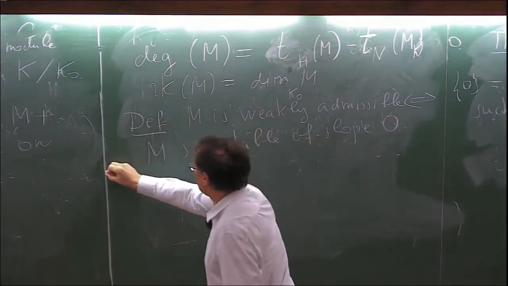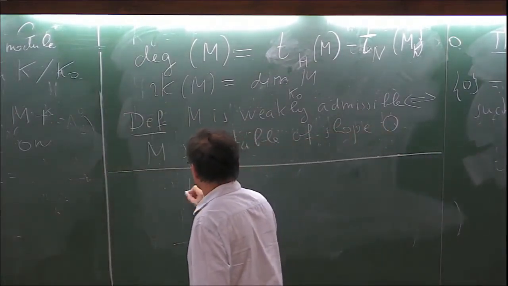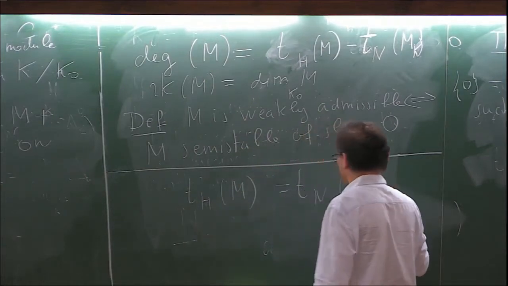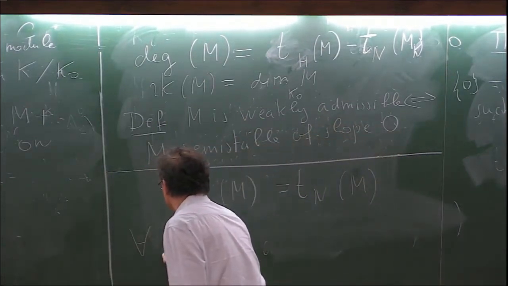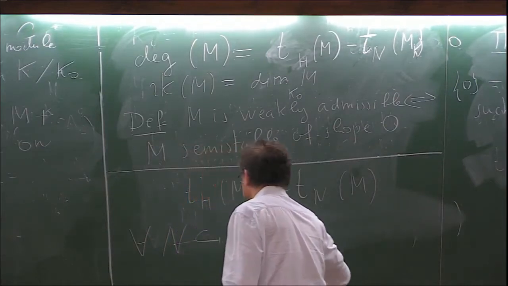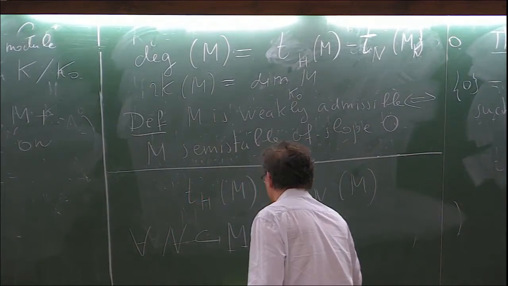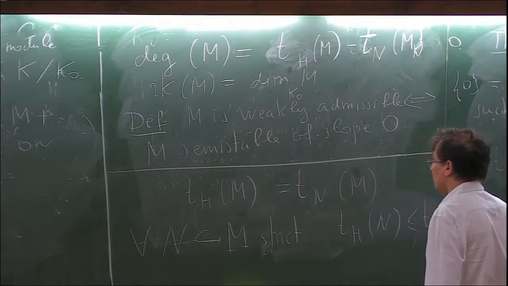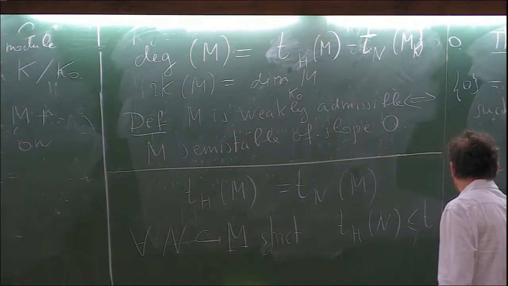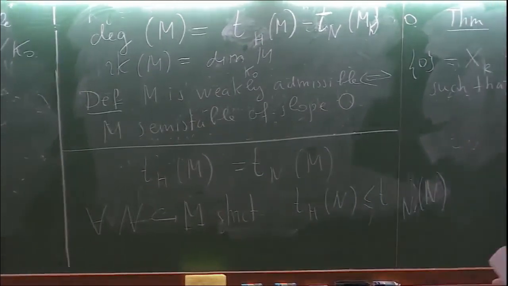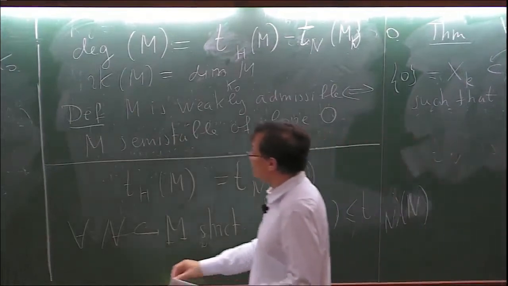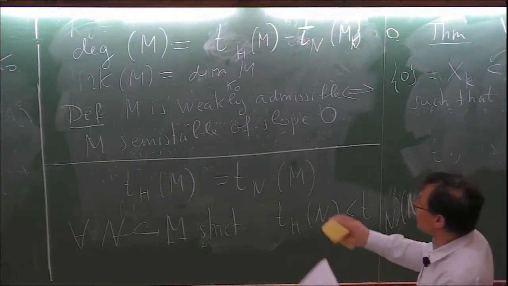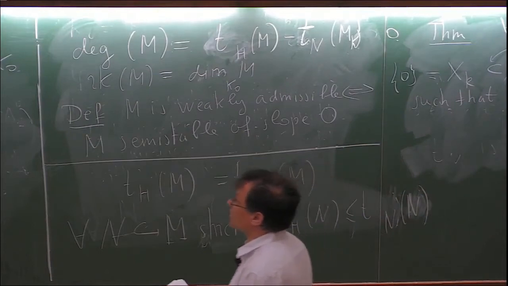Concretely, this means that t_H of M is equal to t_N of M, and that for any strict subobject N of M, t_H of N is less than or equal to t_N of N. This is Fontaine's definition of weak admissibility, but written in terms of Harder-Narasimhan formalism.